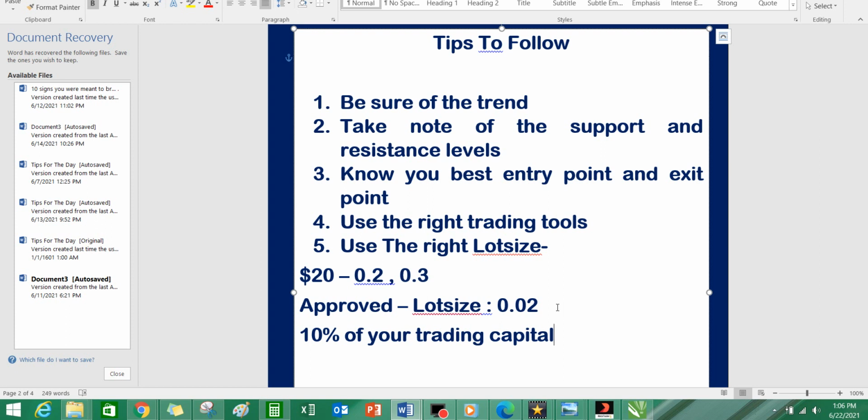So you need to be realistic. A maximum of 10% is enough for you to achieve in a day, just for you to grow very fast. So if you're having $20, all you need to make is just $2 per day.